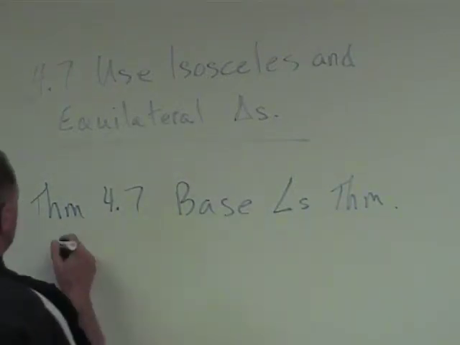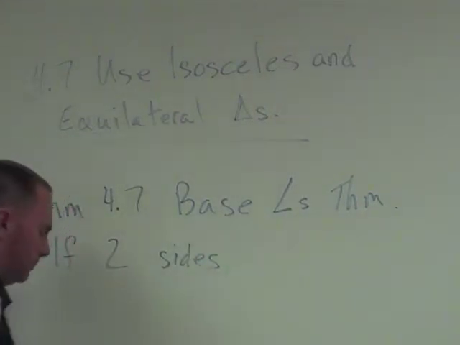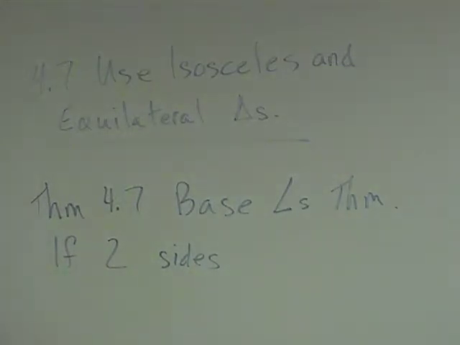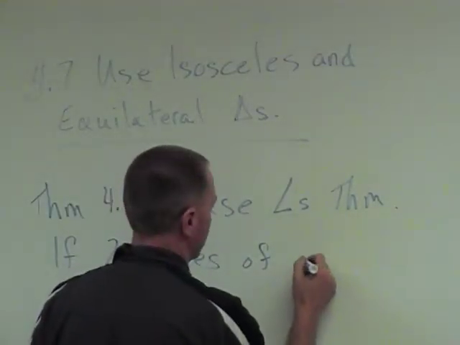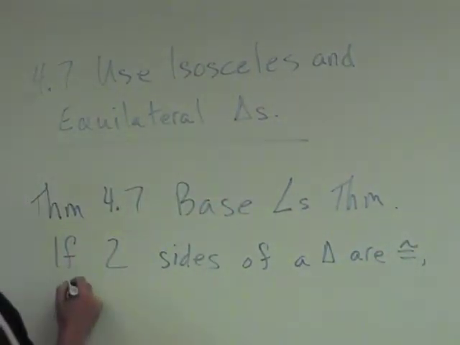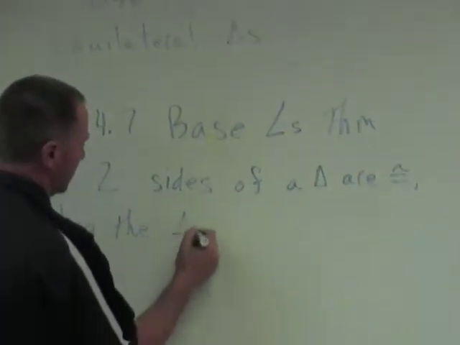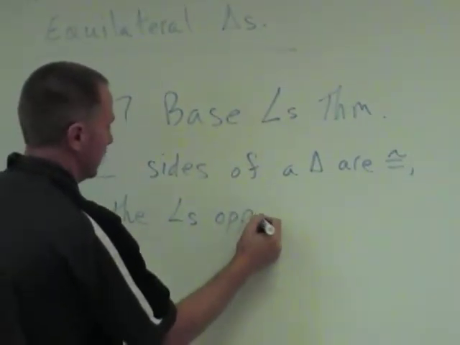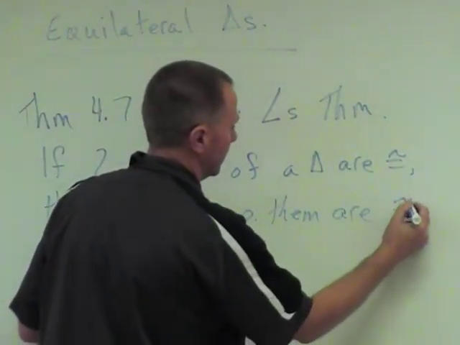So what that says is, if two sides of a triangle are congruent, then the angles opposite them are congruent.